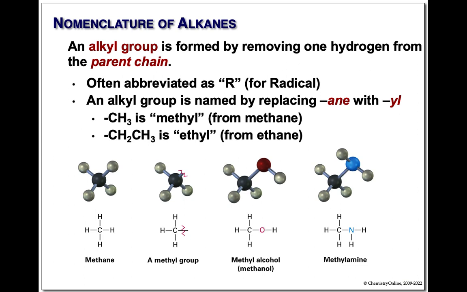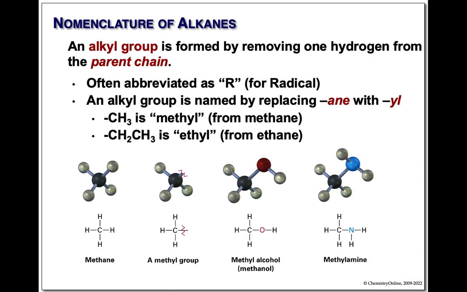This is called an alkyl group. These are all going to be based on methane, which means they have 1 carbon. Methyl group: we attach something to one of the empty bonds here, and that is just generally known as a methyl, CH3.